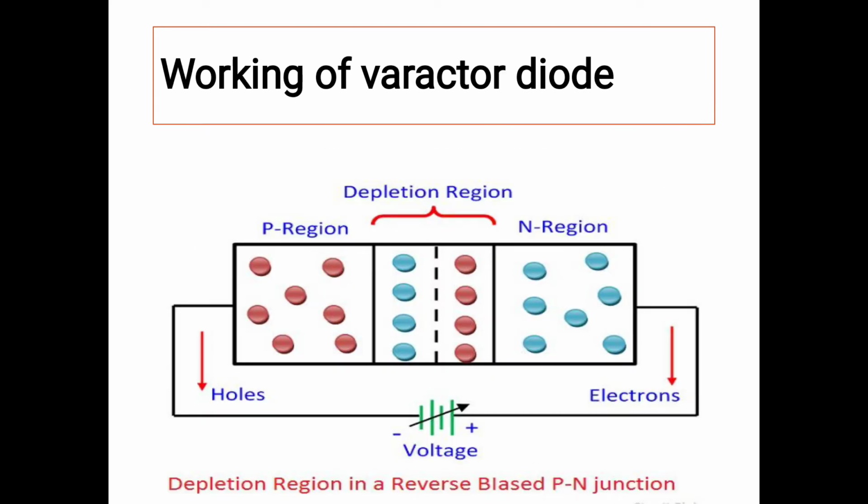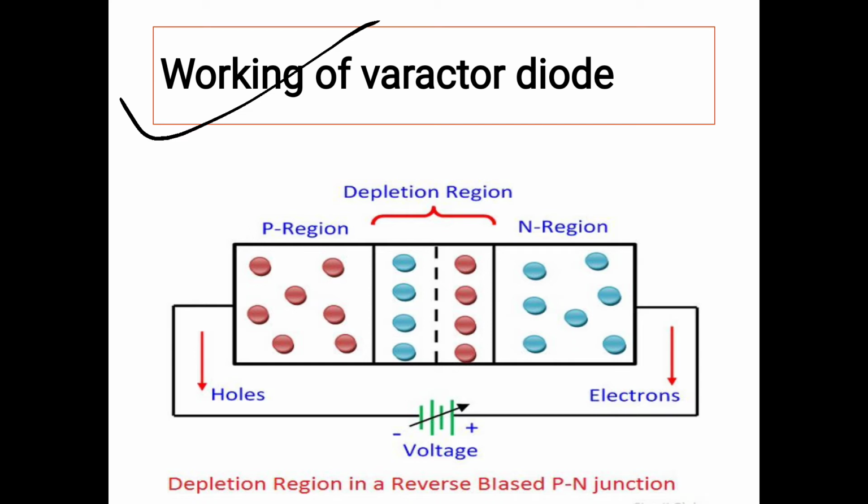Now we will be studying about the working of the varactor diode. As we know that if the p material and the n type material is connected together, then a junction will be created that is known as p-n junction. So a p-n junction diode will be created. It is like a p-n junction diode only, but it operates in the reverse bias condition.